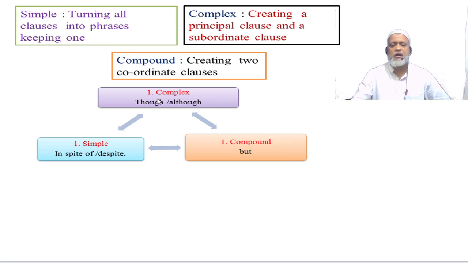At the top there is the complex sentence, when you use "though" and "although", and when you make it simple, you must use "in spite of" or "despite", and when you make it compound, you must use "but".